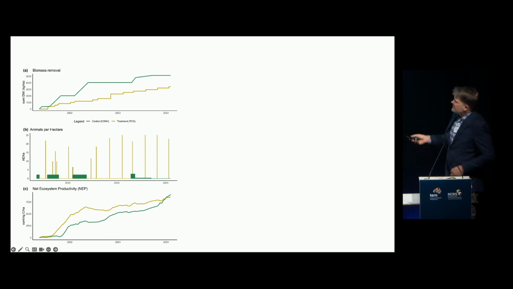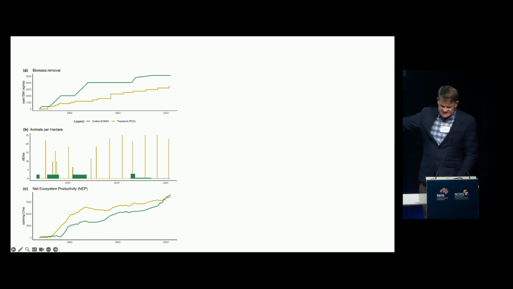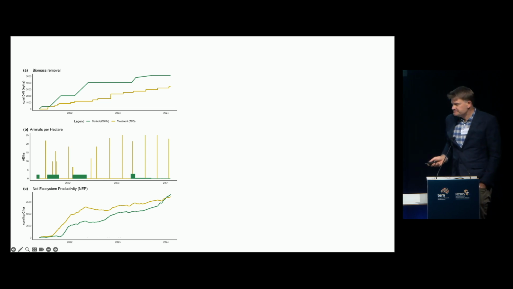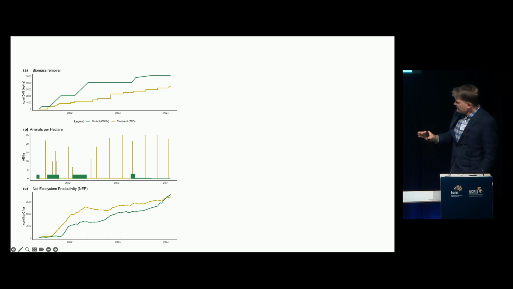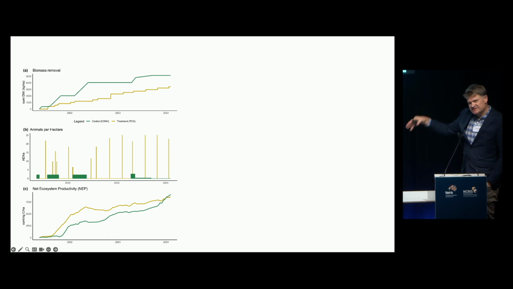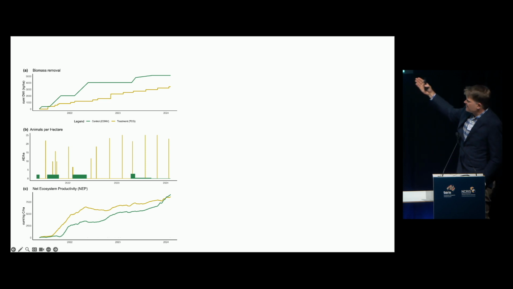And you can see in this example here, our yellow line on the bottom graph is our improved management. And you see, great, it goes up through the roof. This is just NEE, so lots of carbon going into the system. But if we didn't have that green line, which is our business as usual control, we wouldn't actually know how that is tracking against what would happen anyway.